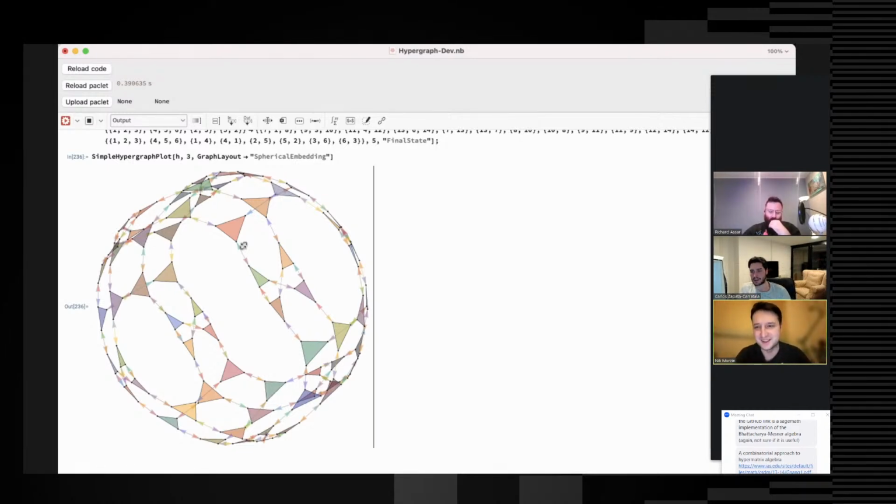You mean like a pair of pants? Yeah, that would look like a pair of pants. Well, but for that you have to blow up. That's not so much dual, but you have to blow up a point to a circle, right? Yeah, each vertex would be a circle.